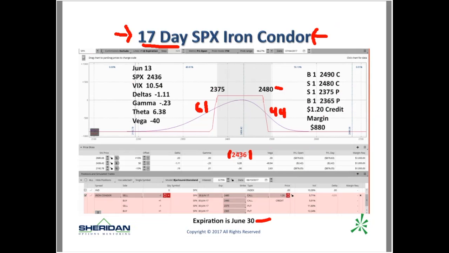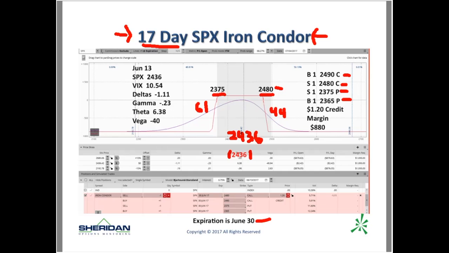And this is where the current price is, 24.36. So I'm doing an out-of-the-money call credit spread, selling the 24.80s, buying the 24.90s, a 10-point out-of-the-money call credit spread. I'm selling the 23.75 puts and then buying the 23.65 puts, 10 points out of the money.